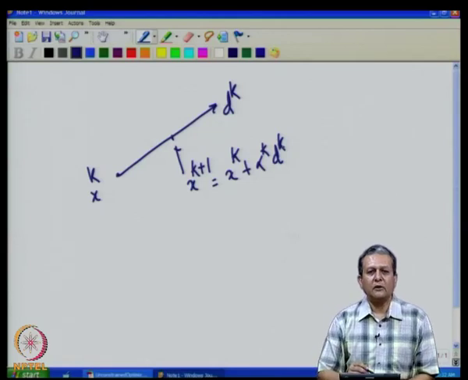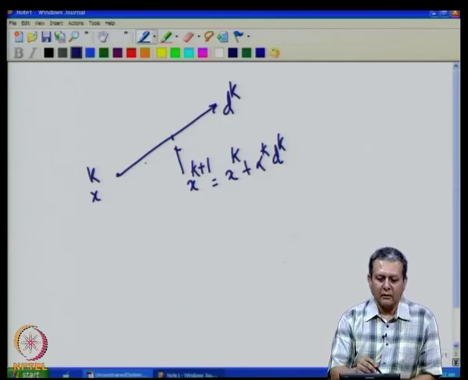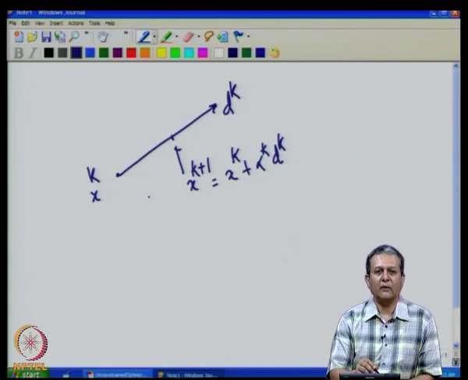So, recall the definition of a descent direction, that the direction d k is said to be a descent direction for f at x k if there exists some delta greater than 0, such that f of x k plus alpha d k is less than f of x k for all alpha in the range 0 to delta.